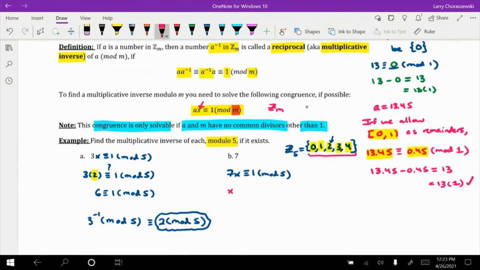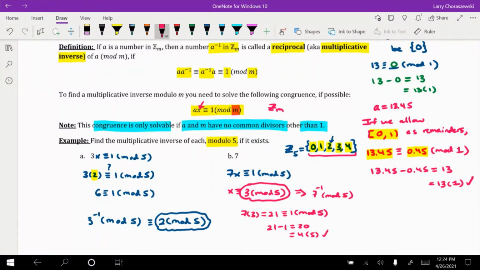Yep. X would have to be congruent to 3 modulo 5. That's because if you do 7 times 3, you get 21, which is congruent to 1 modulo 5, because if you did 21 minus 1, you get 20, which is 4 times 5. Okay, so the inverse of 7 modulo 5 is 3 modulo 5.